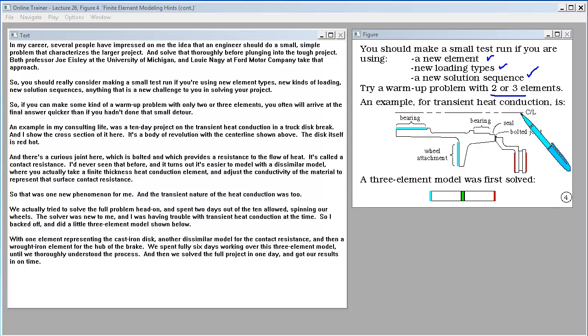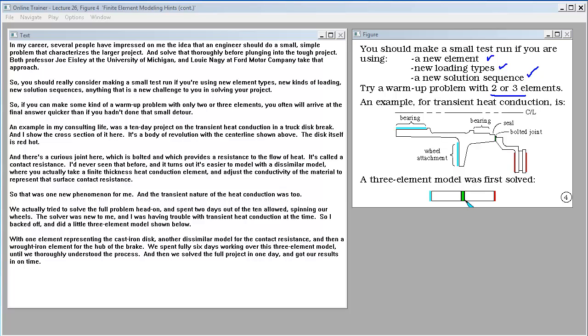We actually tried to solve the full problem head-on and spent 2 days out of the 10 allowed spinning our wheels. The solver was new to me, and I was having trouble with transient heat conduction at the time.